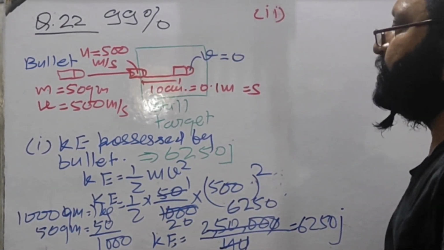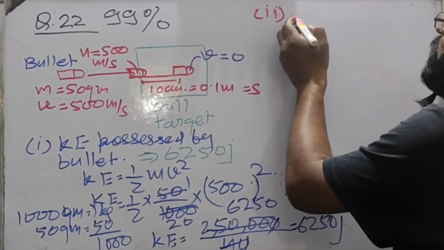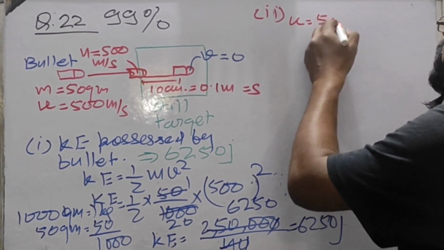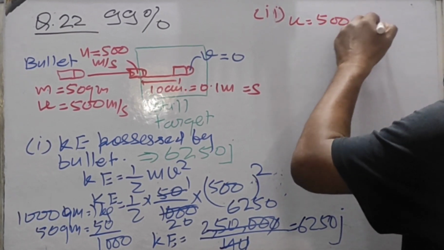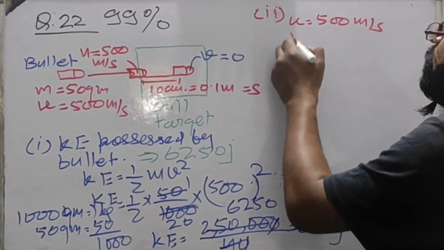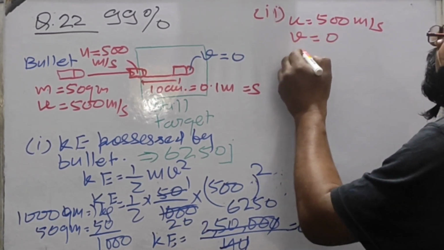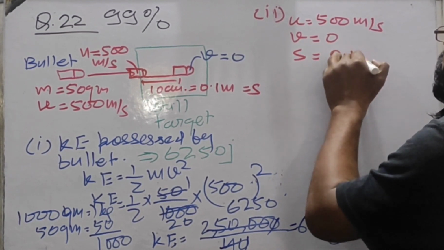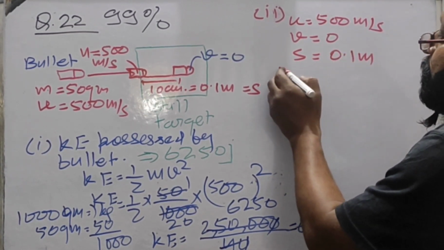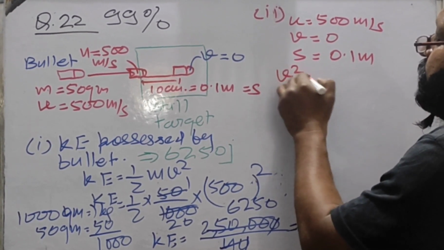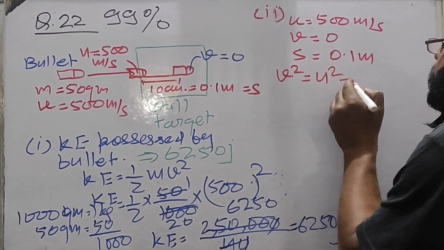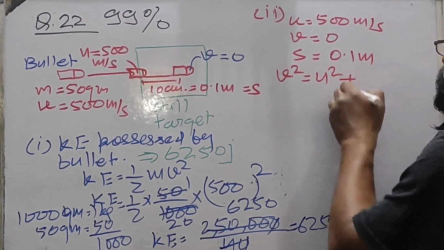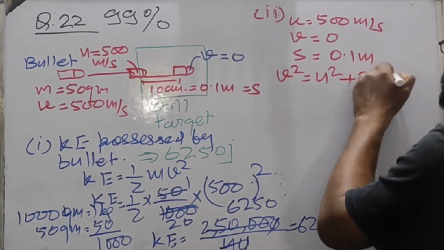So u is equal to 500 meter per second, v is equal to 0, s is equal to 0.1 meter. So v square is equal to u square plus 2as, right?